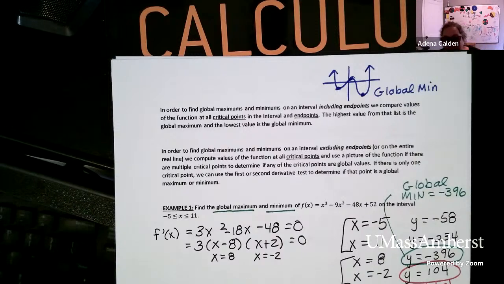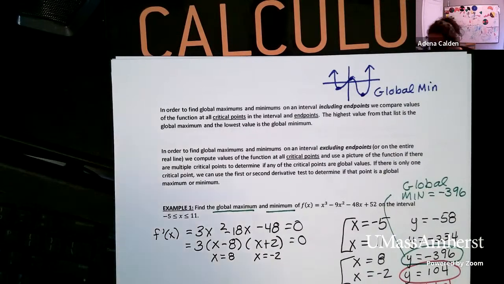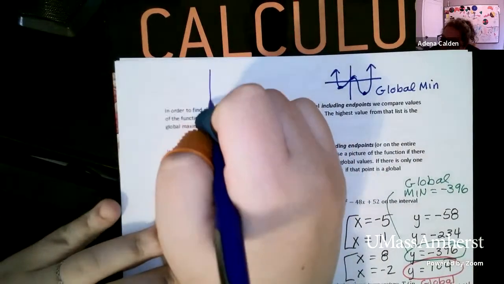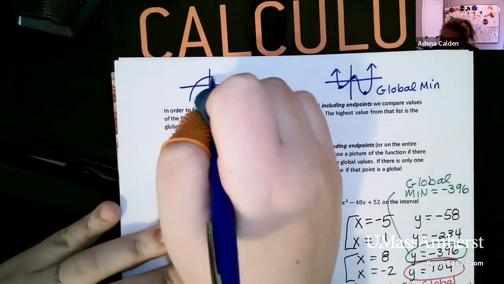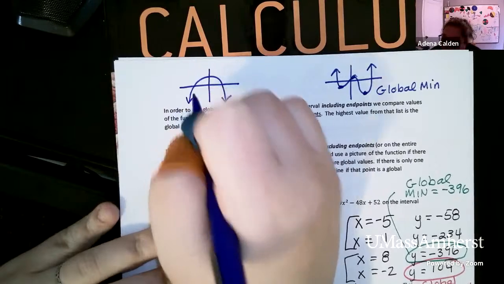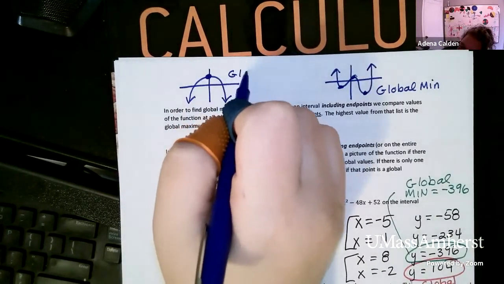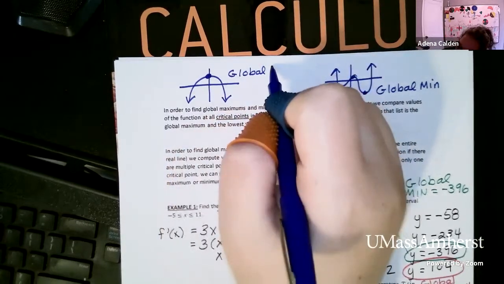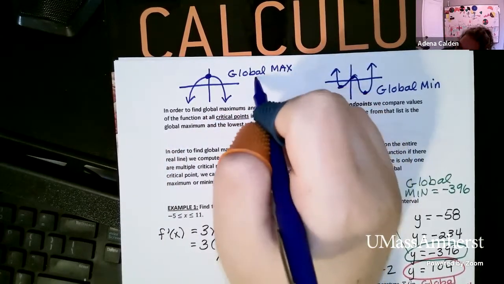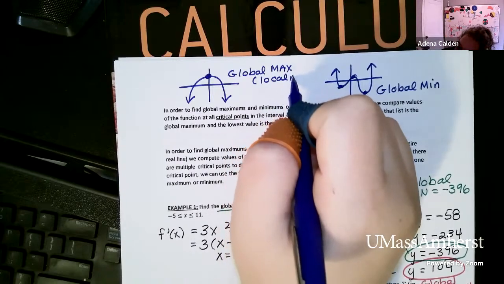And in the case of one critical point, if it is global, then it is also local. So what does that mean? So one critical point, you might have something like this. Okay, so this is a global max, but it's also a local max.